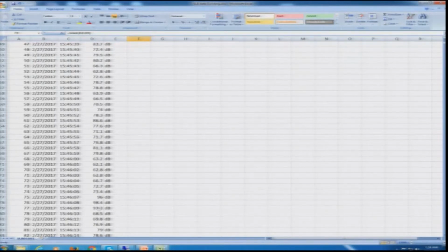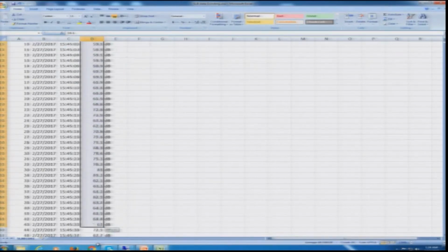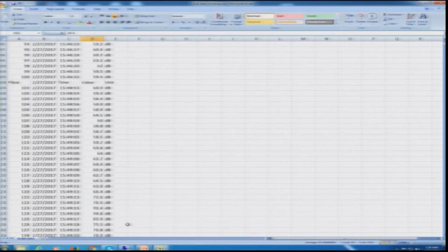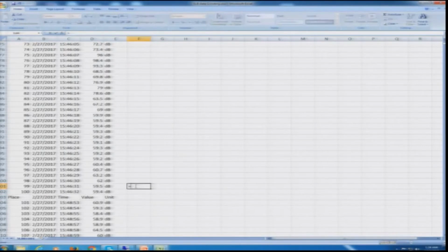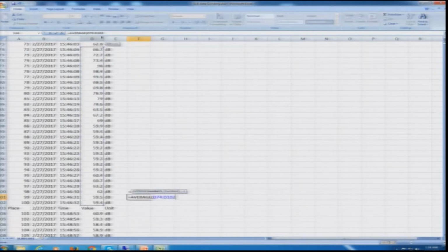For example, if I do the same kind of evaluation for the second process here, I say this is equal to the average of these cells of my second treatment.